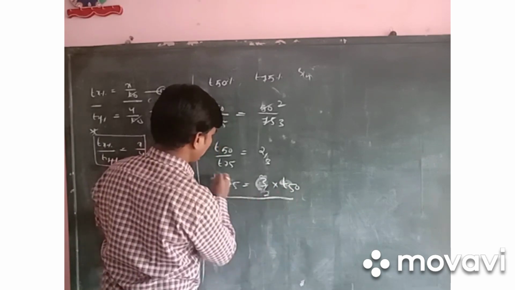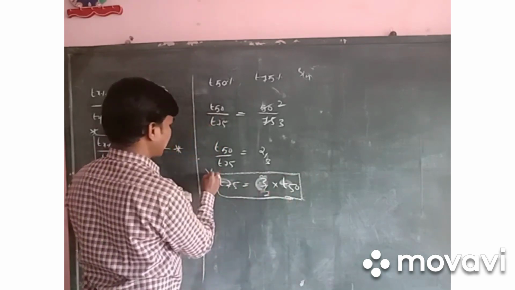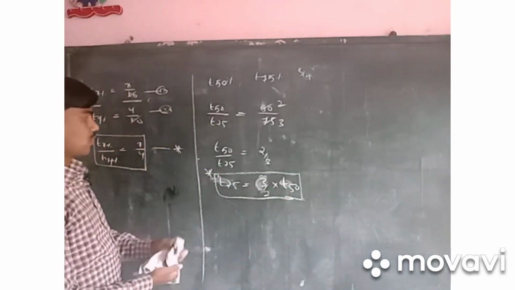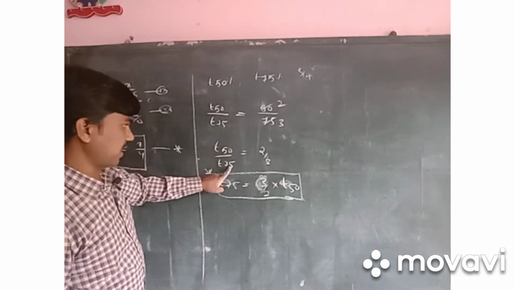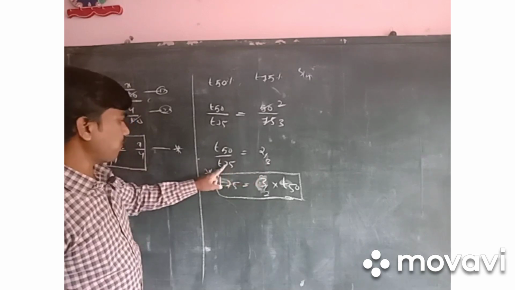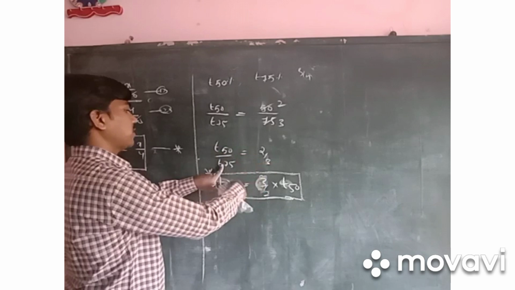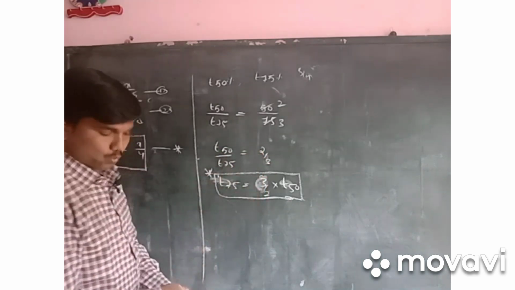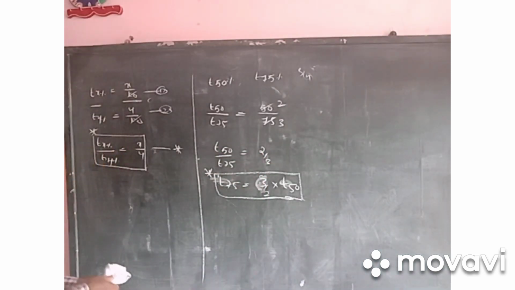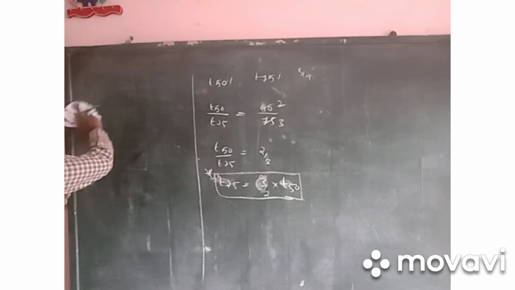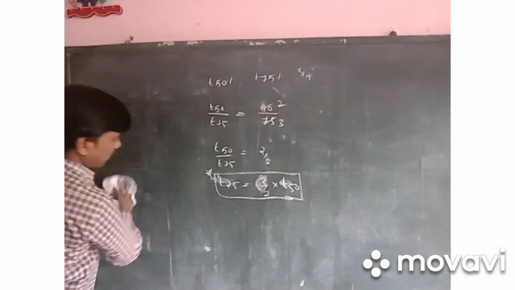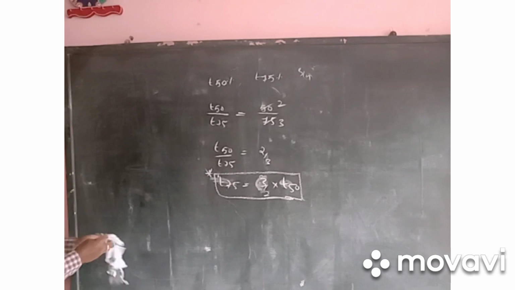This is also one of the important relations between t75 and t half. Based on this relation, see how they will create questions, very interesting and very funny questions, right?